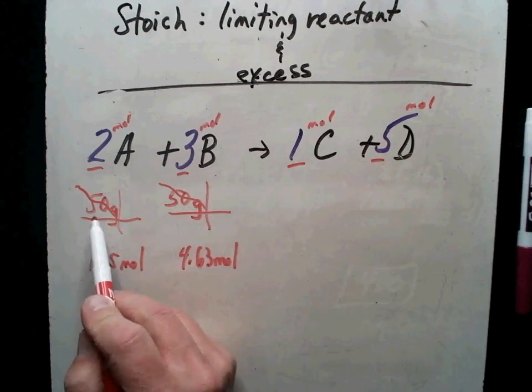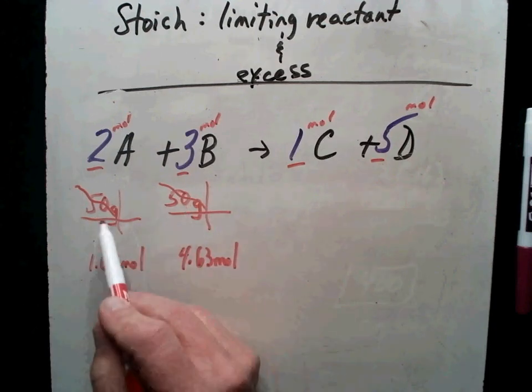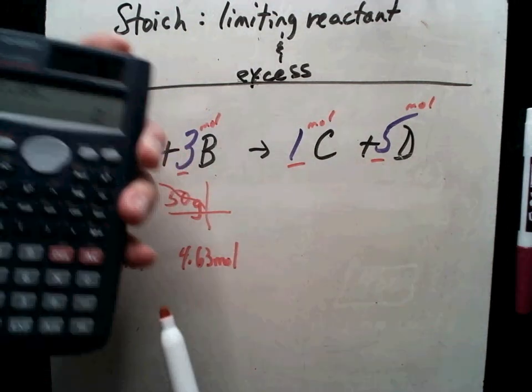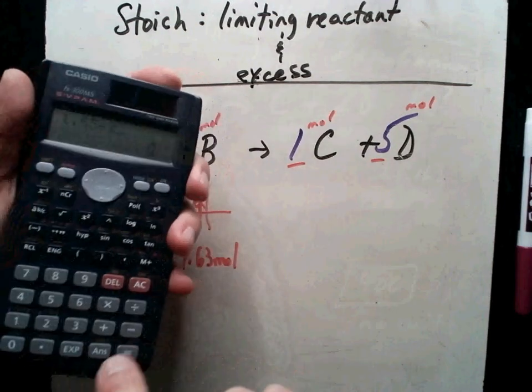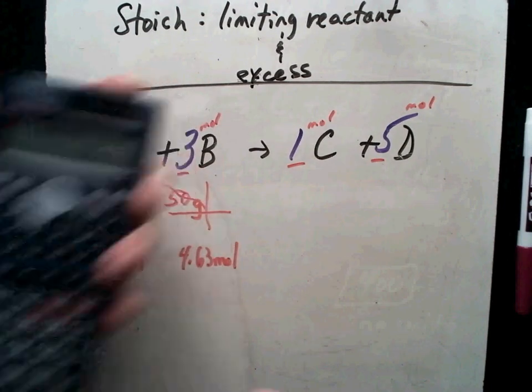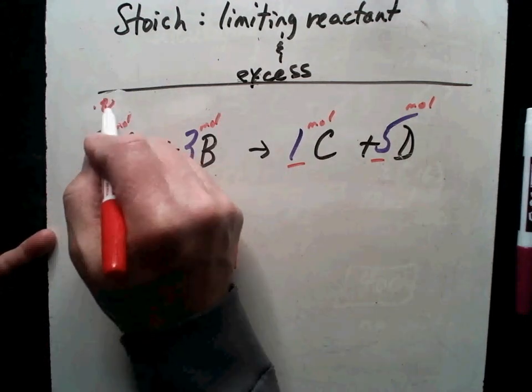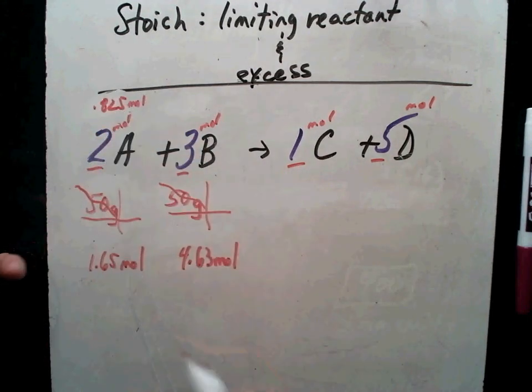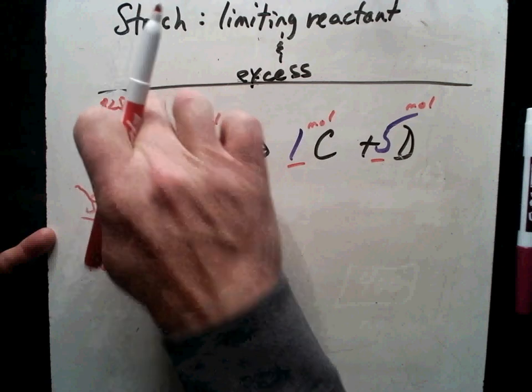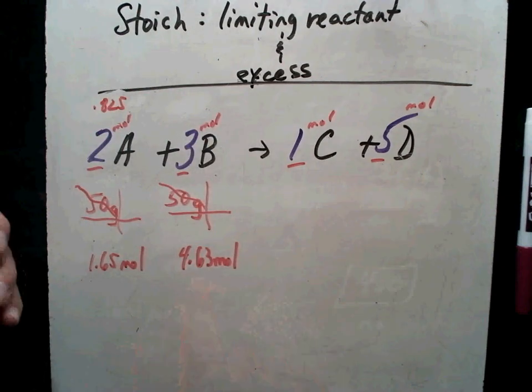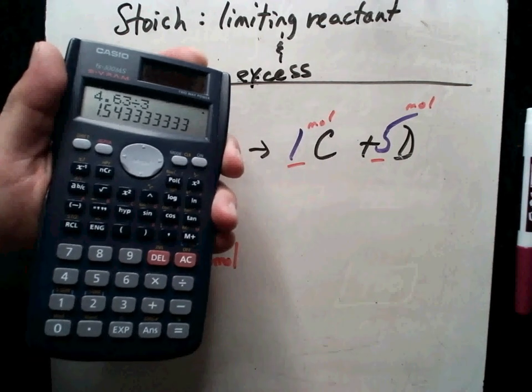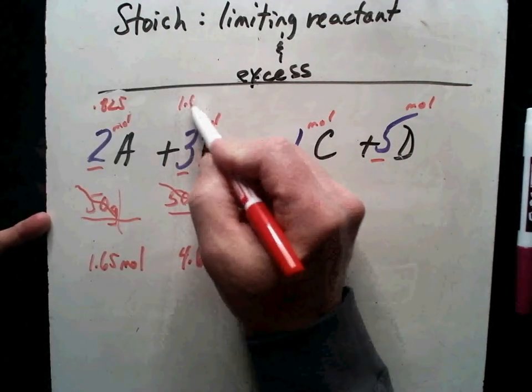Again, these are made up numbers, but my point is this: you cannot use grams. You had to change it to moles. So 1.65 divided by 2 equals 0.825 moles. There's my change right there. 4.63 divided by 3 equals 1.54.